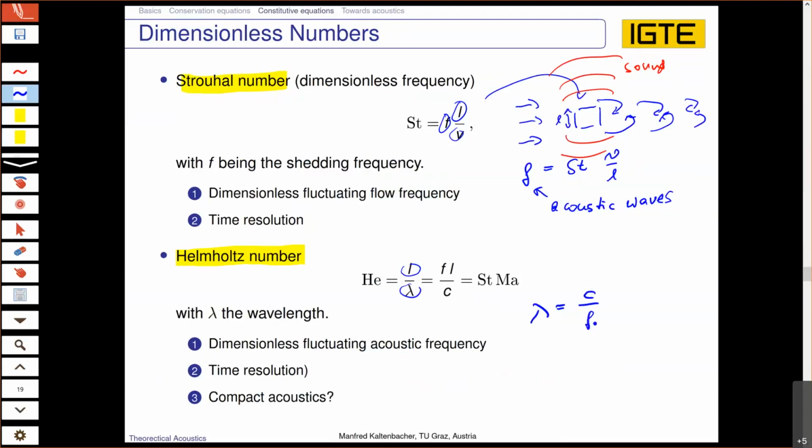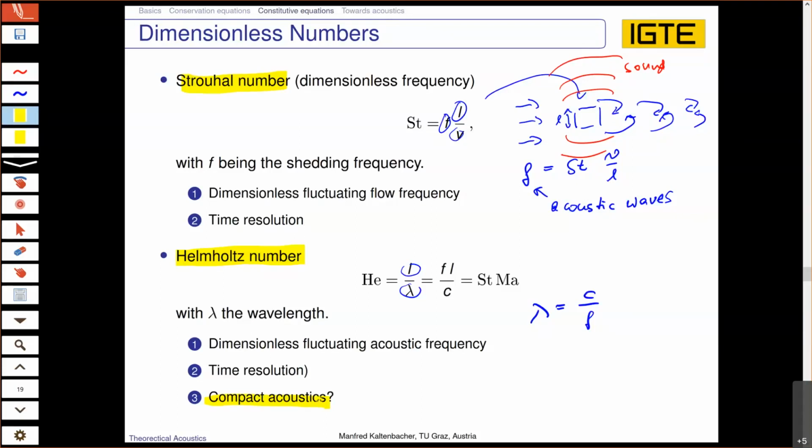And we will see that this important dimensionless number tells us if, for example, our region is acoustically compact, which we will discuss, which would mean we have a very small source domain and the wavelength being generated is very large compared to the vortical dimension of an eddy, for example.